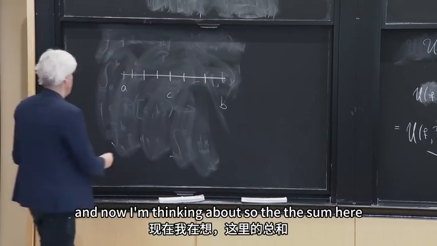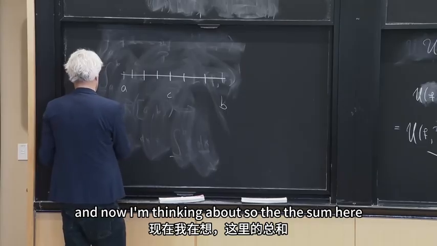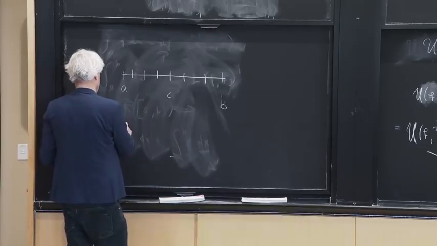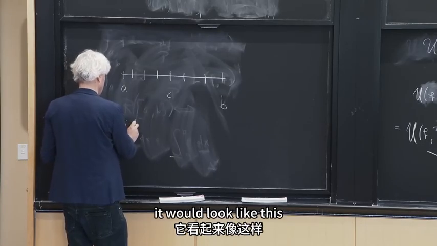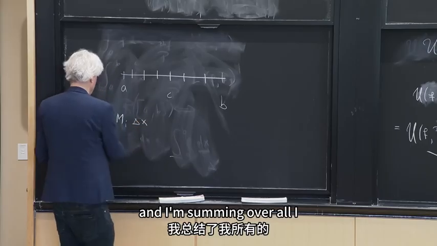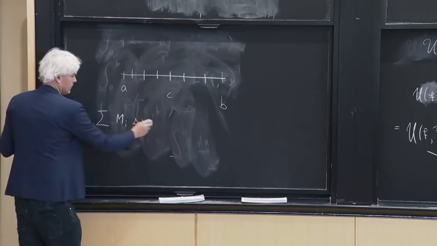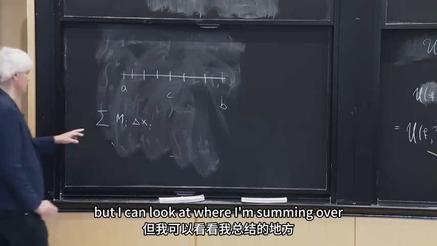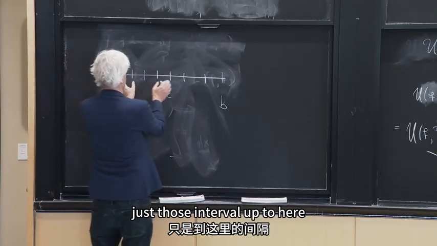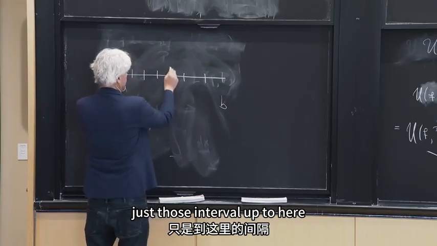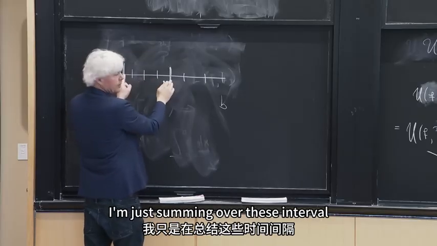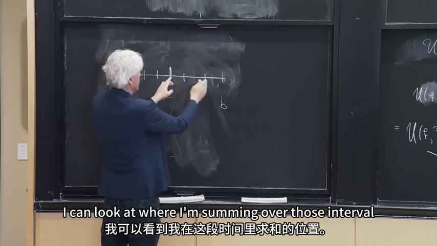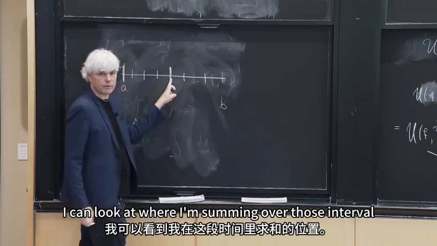And now I'm thinking about the sum from the star partition. It would look like this, and I'm summing over all i, right? But I can look at where I'm summing over just those intervals up to here, and then I can look at where I'm summing over those intervals, right?